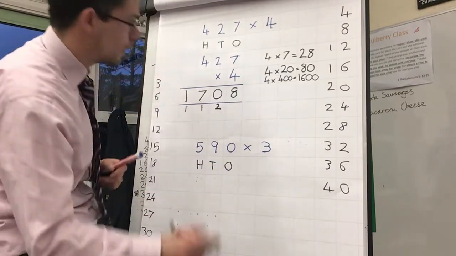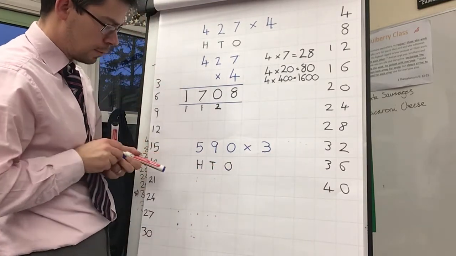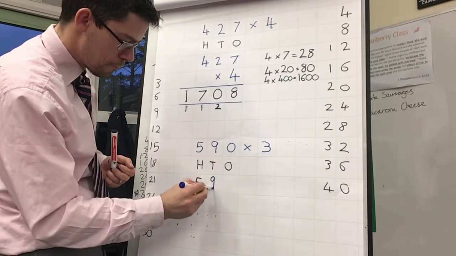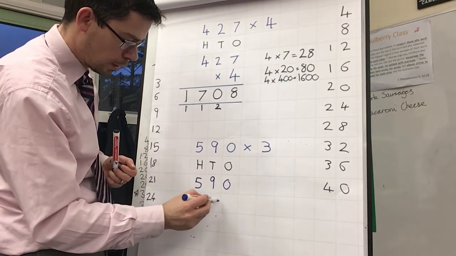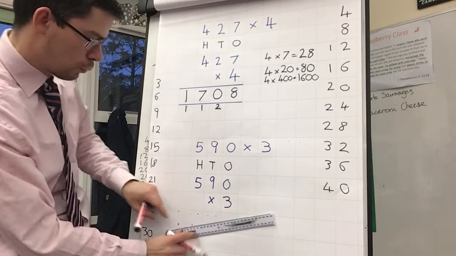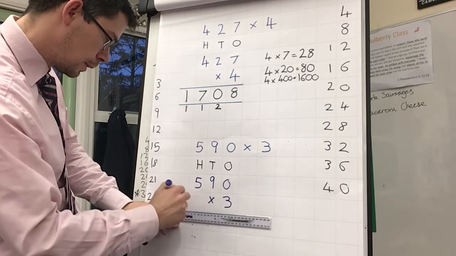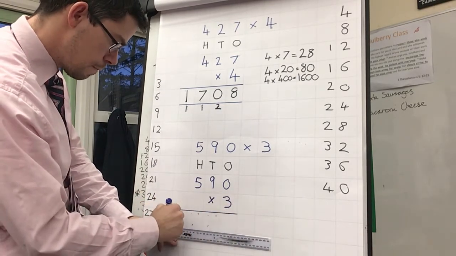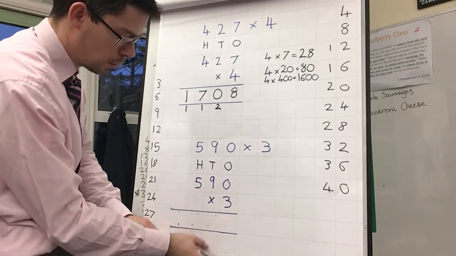Gonna get my number written in. 590 multiplied by 3. 3 lots of 590 is what it means. Draw my answer line. 4 squares across, because I think it's going to go into the thousands, if I remember rightly.